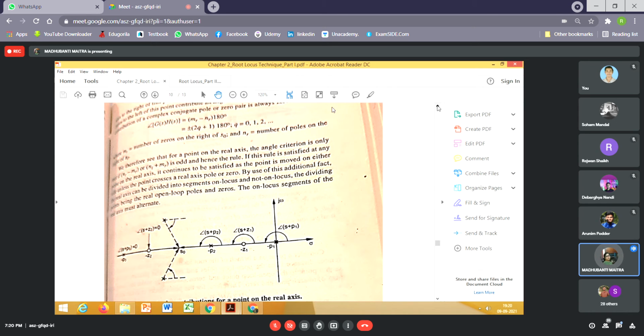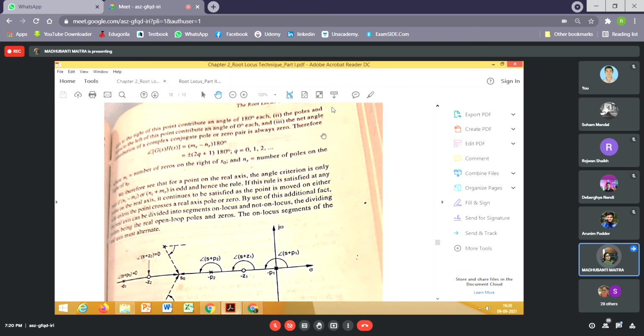So if we assume that MR is the number of real open loop zeros lying to the right of this trial point, and NR is the number of real open loop poles lying to the right of the trial point, then (MR minus NR) into 180 degrees will be the angle of GSHS.